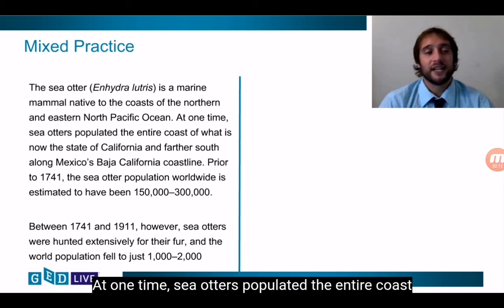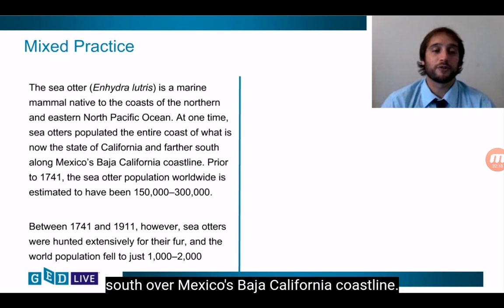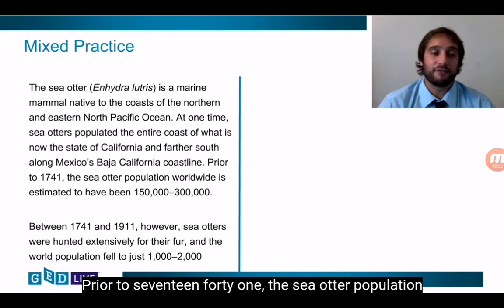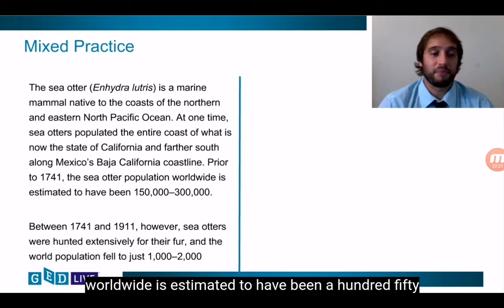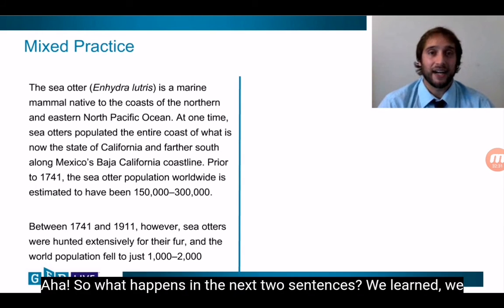At one time, sea otters populated the entire coast of what is now the state of California and farther south along Mexico's Baja California coastline. Prior to 1741, the sea otter population worldwide is estimated to have been 150,000 to 300,000. Aha! So what happens in the next 2 sentences?